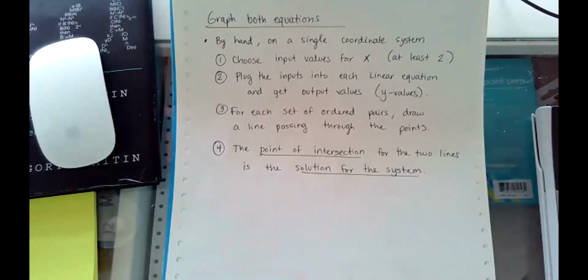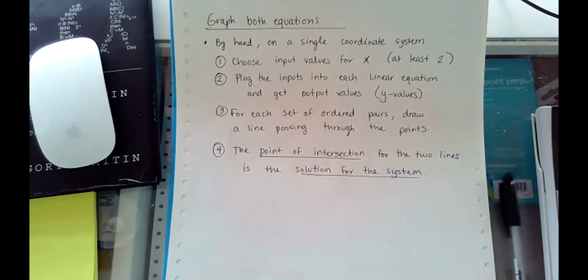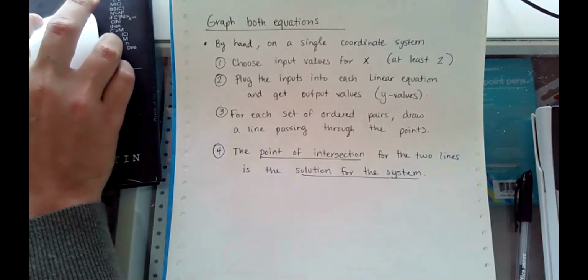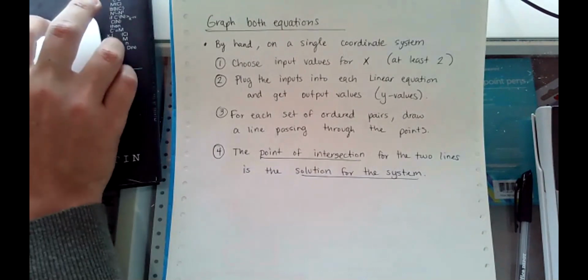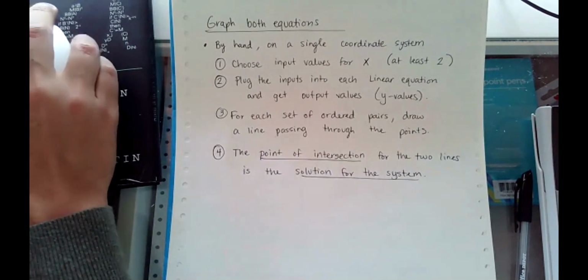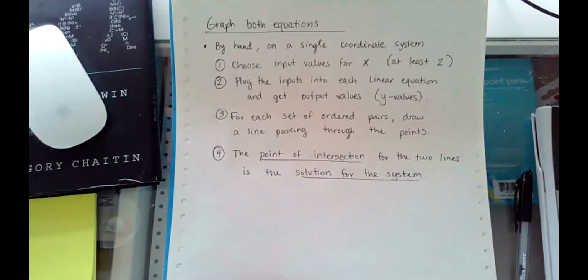Okay, so I'm going to let that marinate for a second because I know you guys are copying this down. And I'm going to pull up Desmos really quick. And I'm going to put my equations in, the one we were just working with. I think it was negative x plus something.